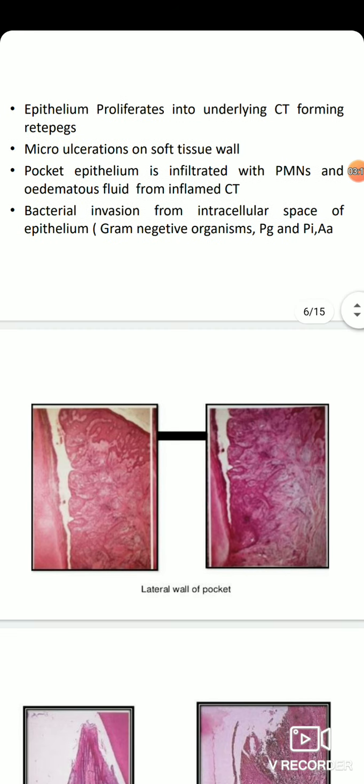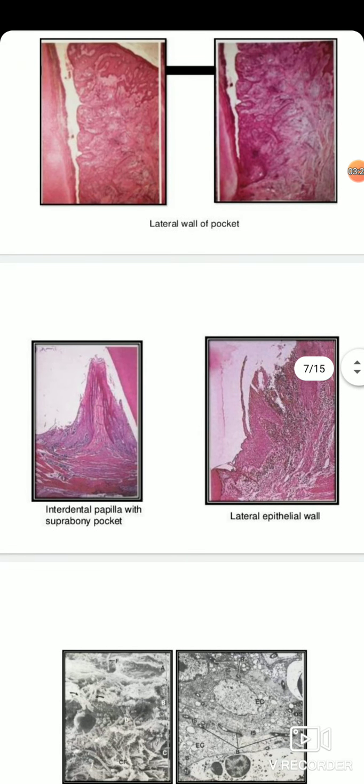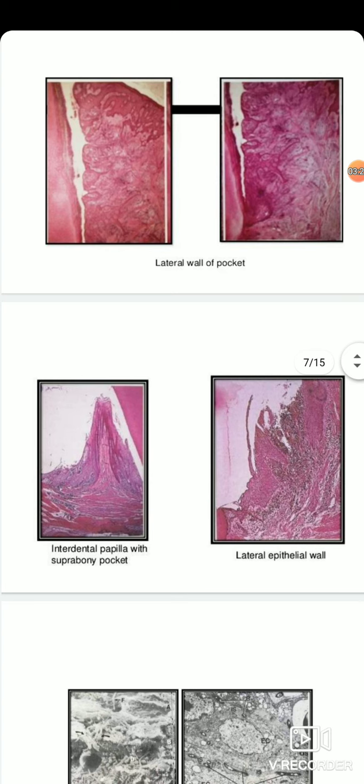So coming to the histological pictures, these two pictures signify the lateral wall of the pocket. The epithelium along the lateral wall of the pocket presents striking proliferative and degenerative changes, which you can observe. The epithelial projections extend deep into the connective tissue, and also extend further apically than the junctional epithelium.